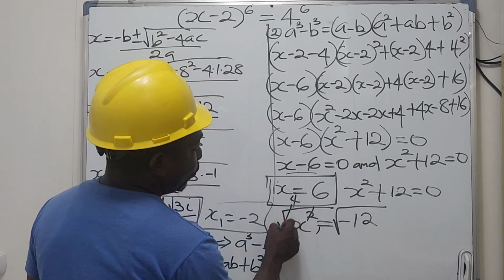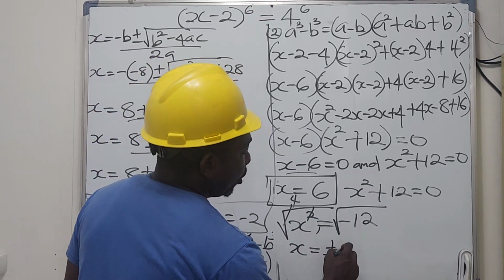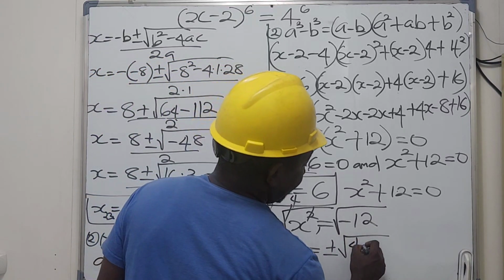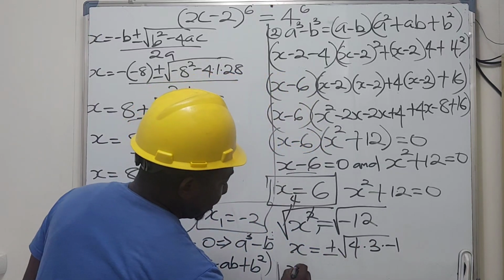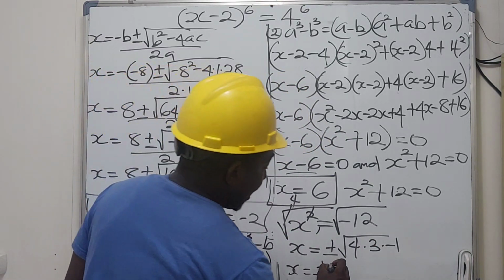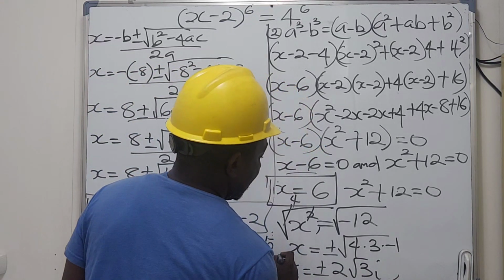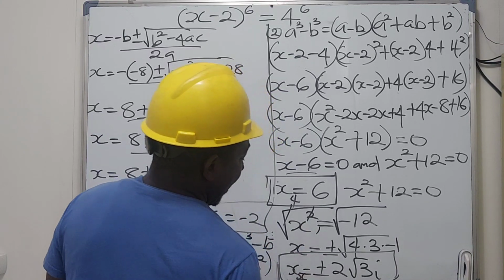Therefore, 2 cancels here and 2 cancels here. Therefore, x equals to plus or minus square root of minus 12, which becomes 4 times 3 times minus 1. So in this case, our x equals to plus or minus square root of 4, same thing as 2. We have root 3i. So this is the last value of x, which is x5 and x6.